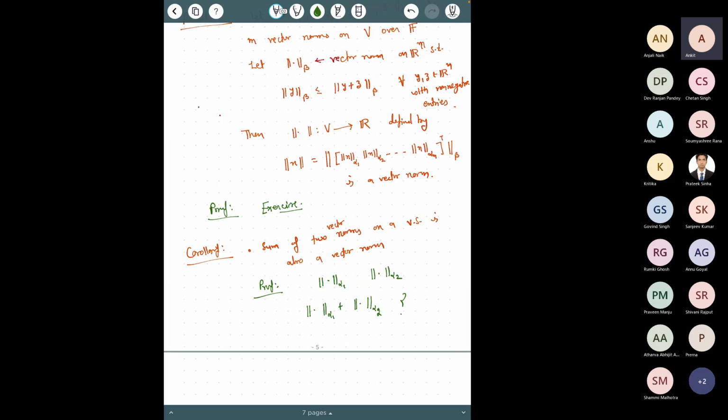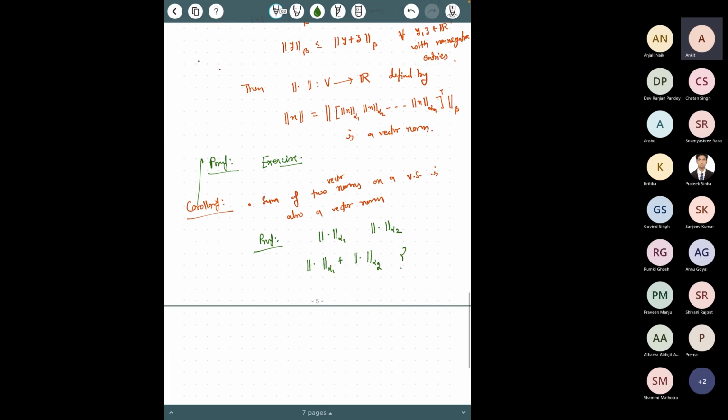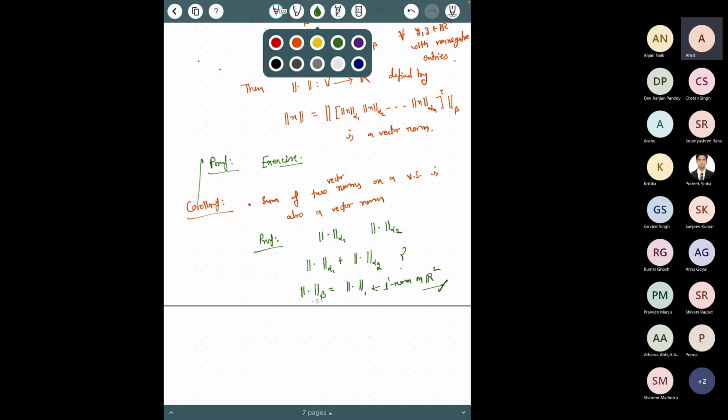So this is very easy to check. You just take this beta norm as the L1 norm on R2, and then because of the previous result, this is true. Similarly, not only this, you can show that the maximum also works.